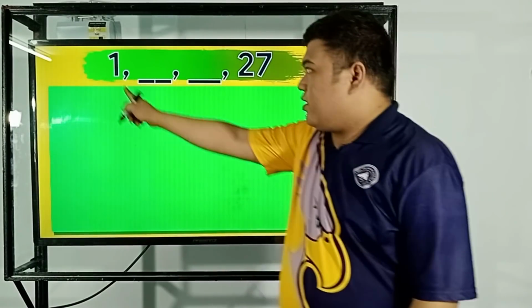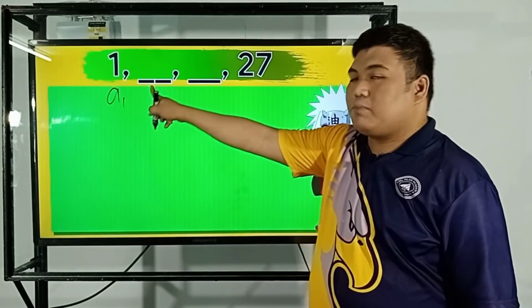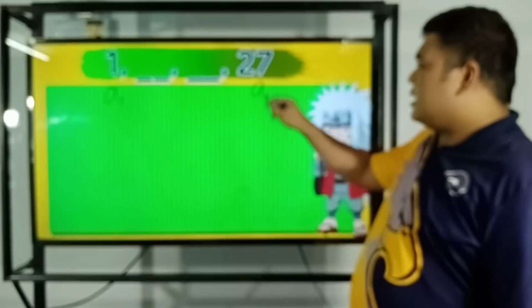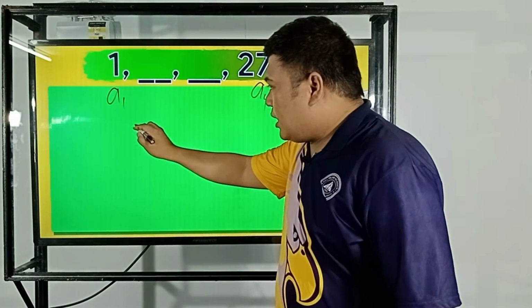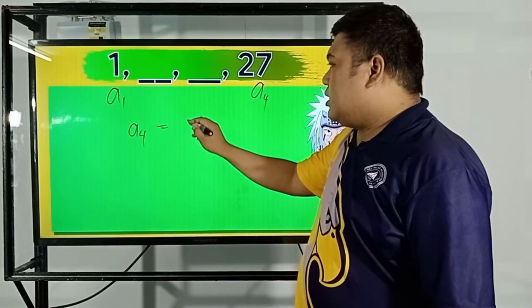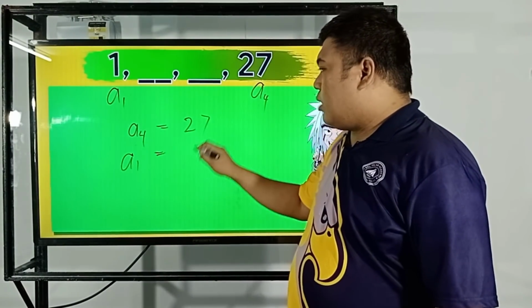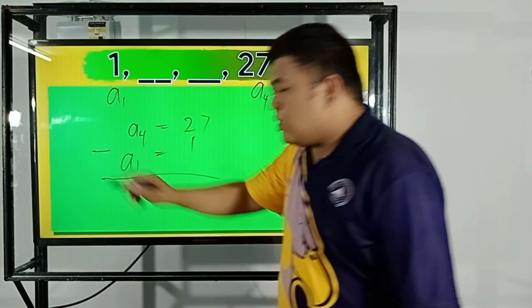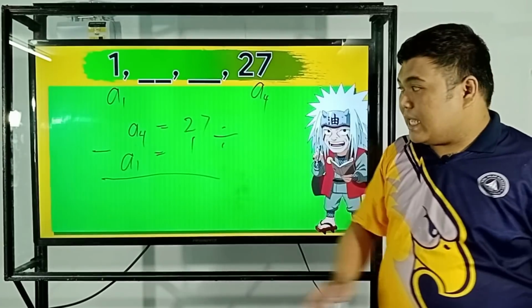So we will have a sub 1, yung 1, a sub 2 yung pangalawa, a sub 3, and this is a sub 4. Katulad kanina, lista muna natin, a sub 4 equals 27. A sub 1 equals 1. Ano ulit yung operation? Minus sa kaliwa, divide sa kanan.